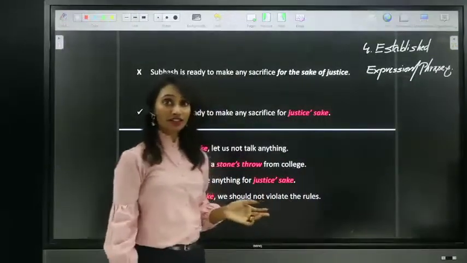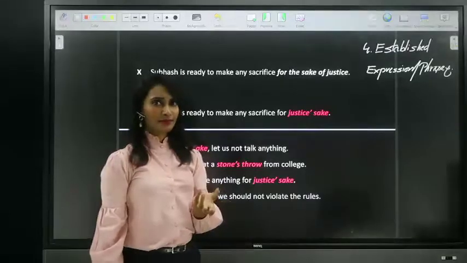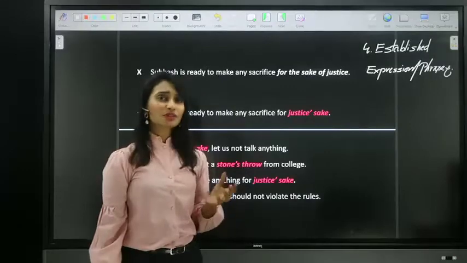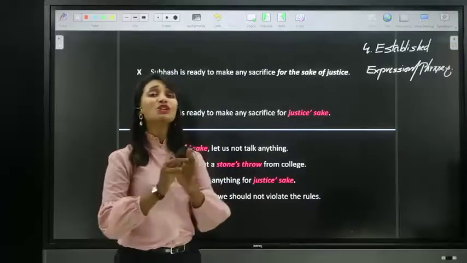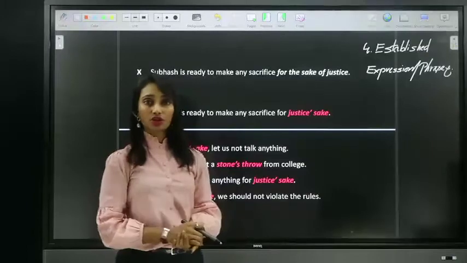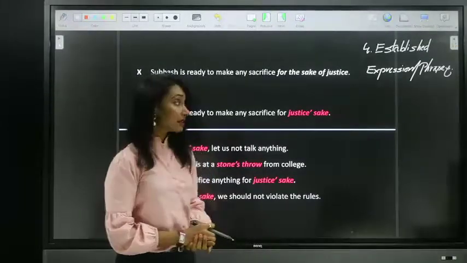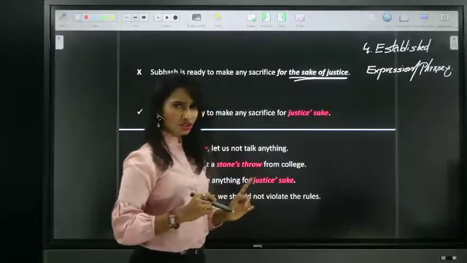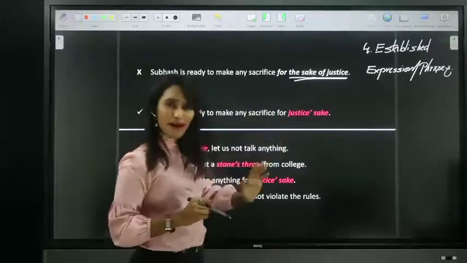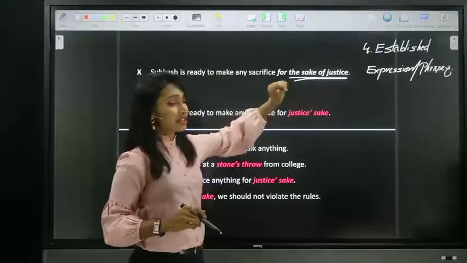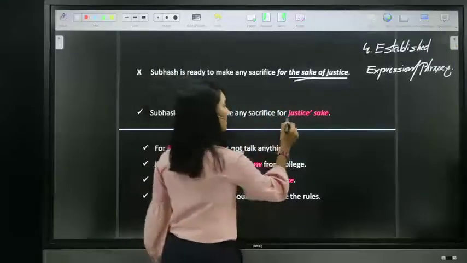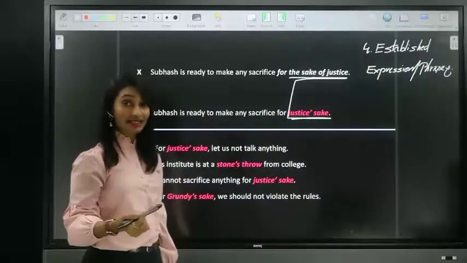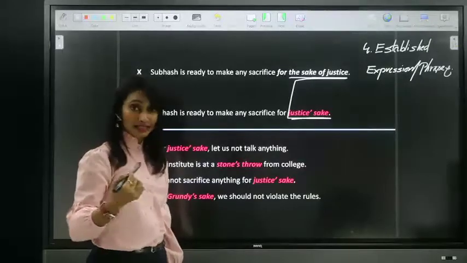As we have discussed, like Messi's sake, to his heart's content, a boat's screw. So these are the phrases which must be used as they are, though they do not have life. So in that sense, in the sake of justice, justice does not have life, but it is an established expression. So we have to use it this way: for justice sake, for mercy's sake, for Gandhi's sake.